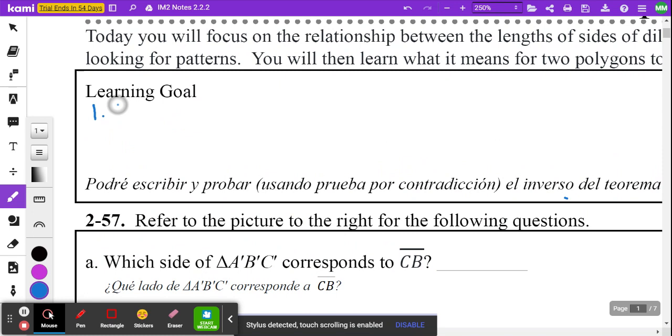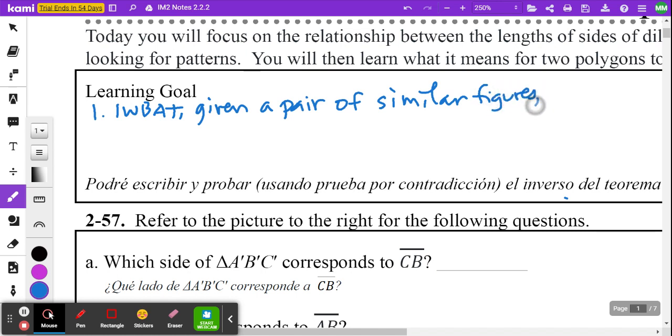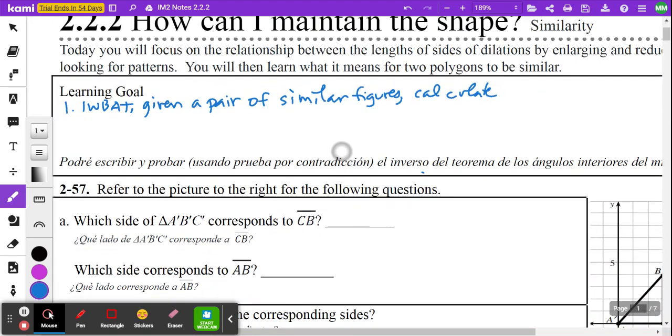Number one, I will be able to, given a pair of similar figures, calculate unknown side lengths by using a scale factor.